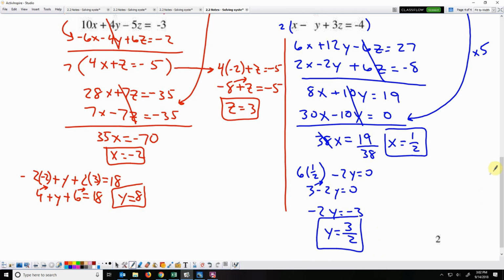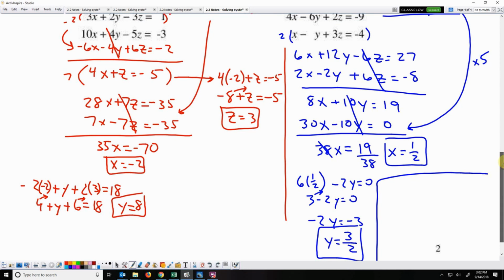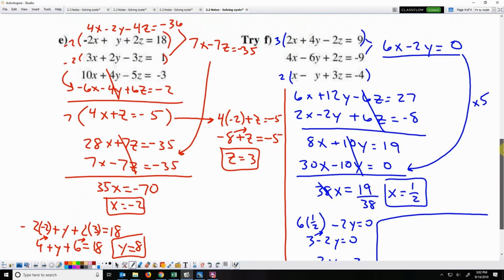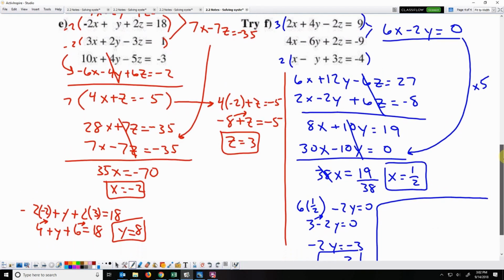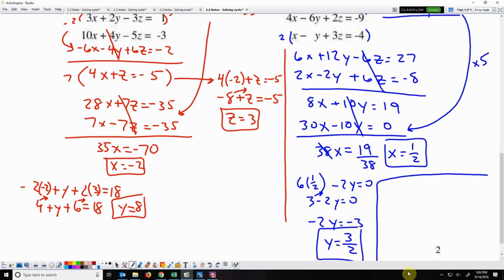Okay? So I've got this little bit of space left to work with. I've got an x and a y. I need a z. I think the easiest place to plug that in, probably the bottom equation. So that x is 1/2 minus the y is 3/2 plus 3z equals negative 4.